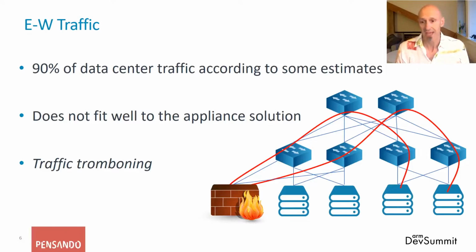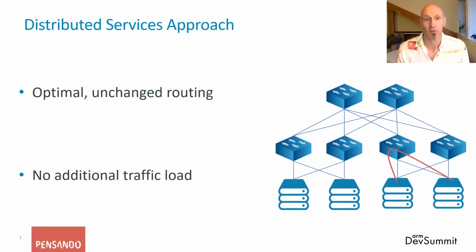And this creates additional traffic on parts of the network that otherwise would not be affected by the traffic, and it has implications on how we do routing.